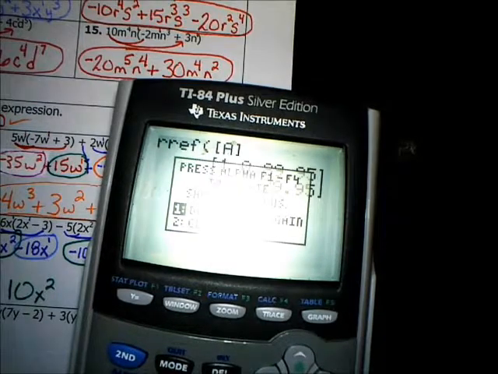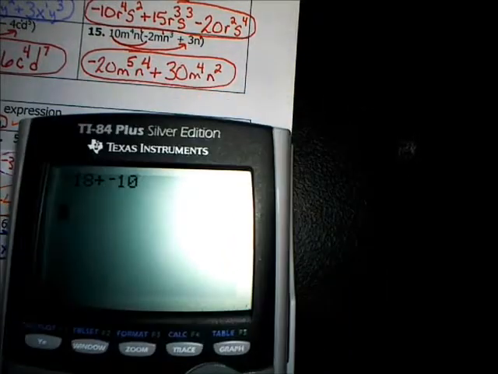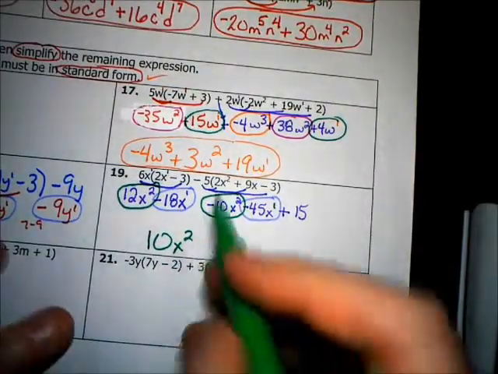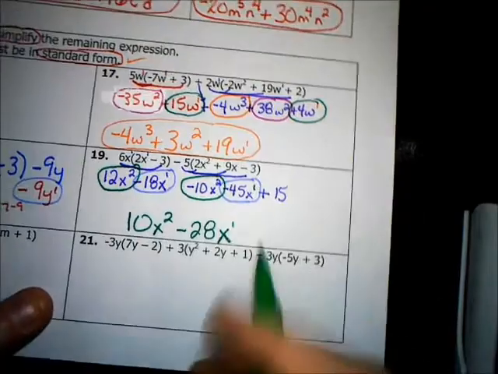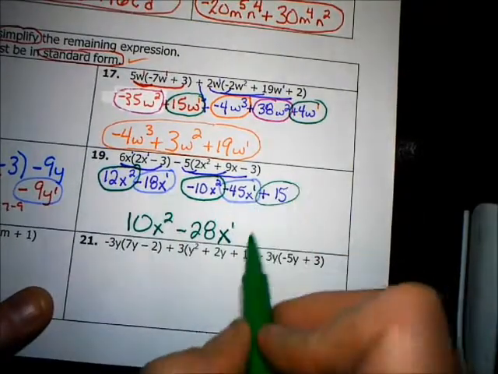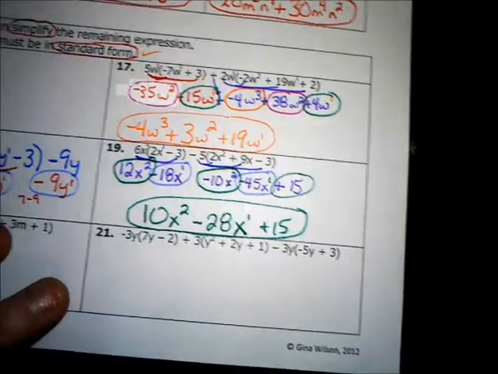So I need to combine those. Negative 18 and a negative 10 gives me negative 28. x^1s, and then last is my constant. There's your answer for number 19.